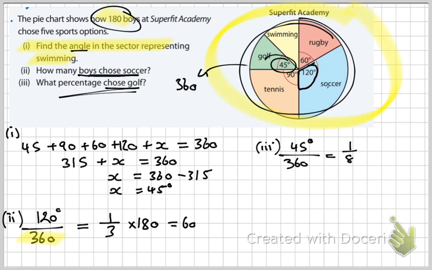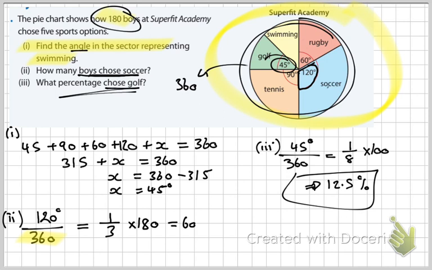So 1/8 is what that 45 takes up. But what is that as a percentage? Well, to turn any fraction to a percentage, multiply by 100. So 1/8 multiplied by 100 gives me 12.5%, and that's what takes up golf.